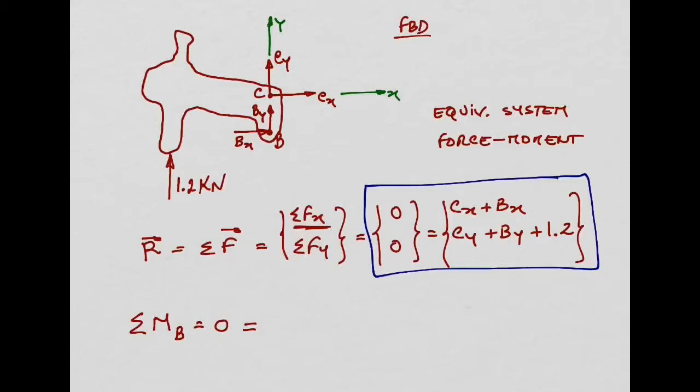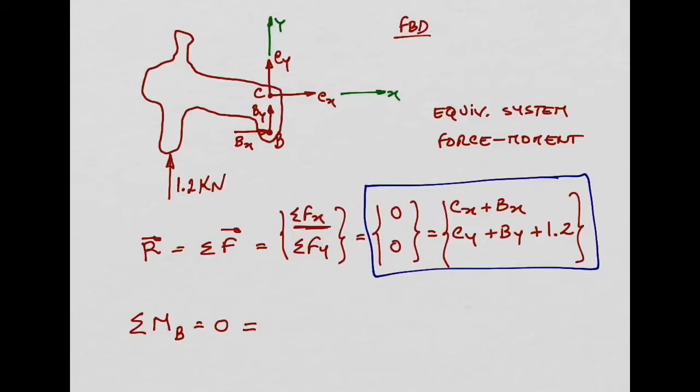I will rotate my fingers towards my y-axis, like this. My thumb is in this direction, right? You agree with me? Yeah. This direction is the positive z direction. So when I rotate my fingers anti-clockwise, I get positive z, isn't it? So if a moment tends to rotate anti-clockwise, that moment should be positive. Okay?